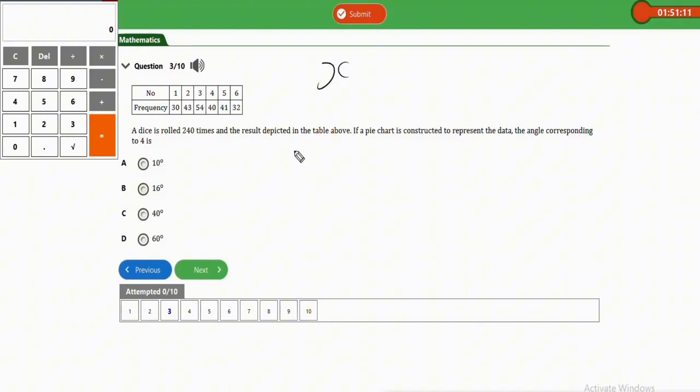This question is actually easy. To get the angle corresponding to 4, which is unknown, the formula we apply is x over 360 degrees times the number of times the die was rolled, 240, equals the frequency of the fourth value, which is 40.